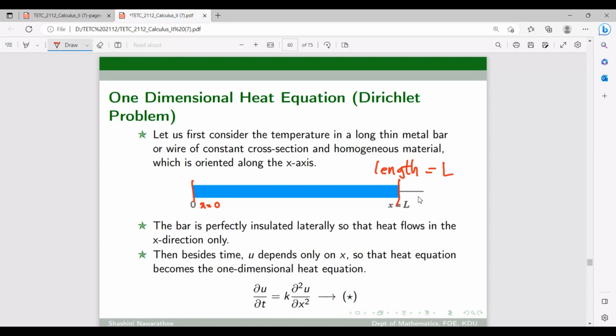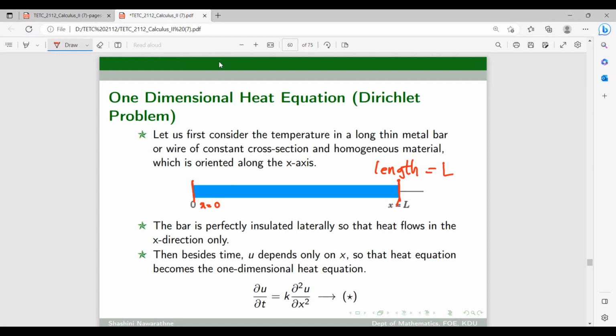Okay, so the boundary condition, this is a really important thing. Boundary conditions mean the value of the variable u at the positions of these 2 boundaries of this metal rod that we are going to consider, at any time t.